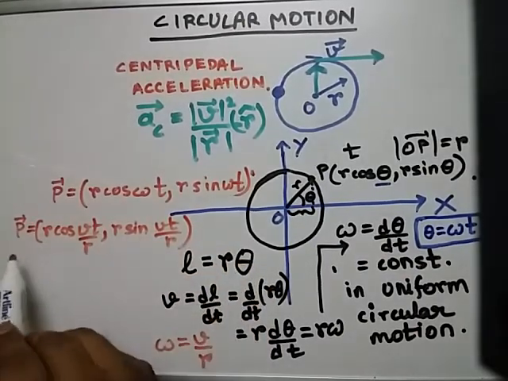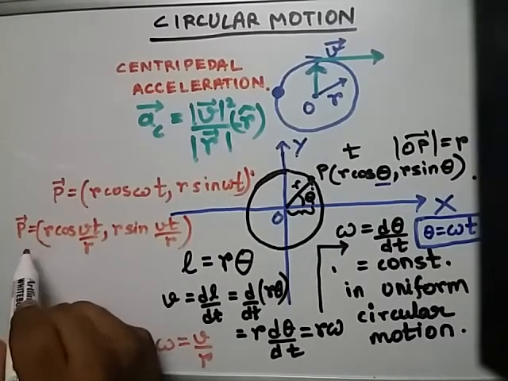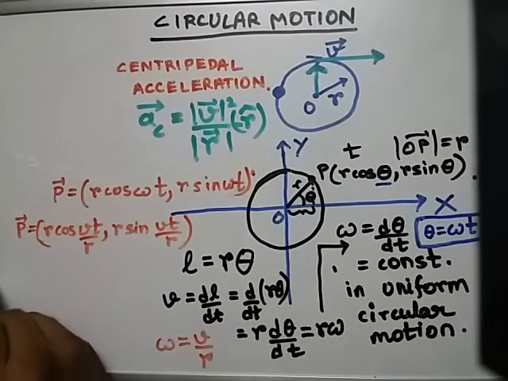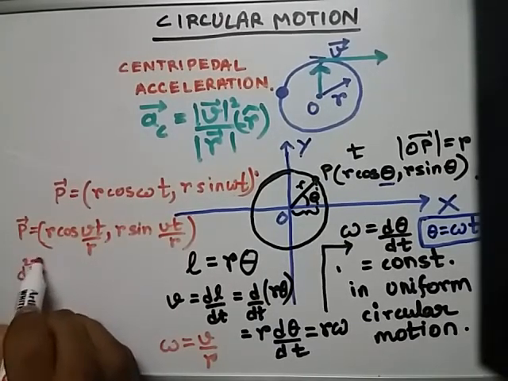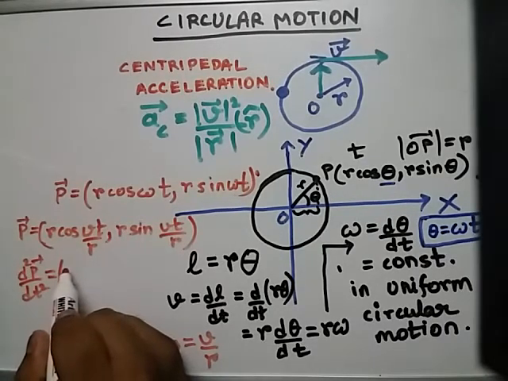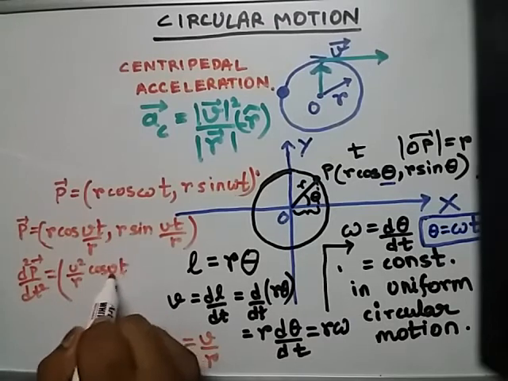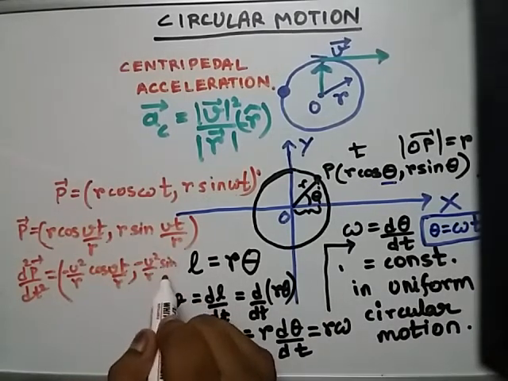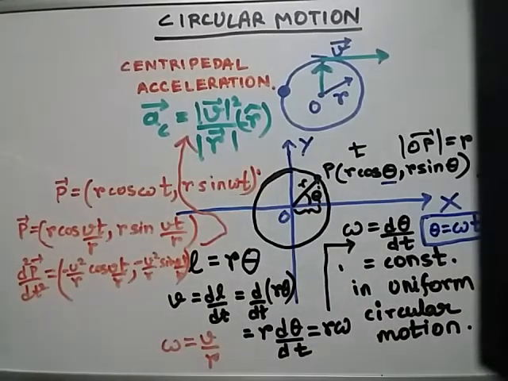Now this is the position vector of particle P. Now if we differentiate it twice with respect to time, we would get the acceleration vector, which is d square P by dt square, which will come out to be minus v square by r cos (vt by r), minus v square by r sin (vt by r). This is consistent with this equation.